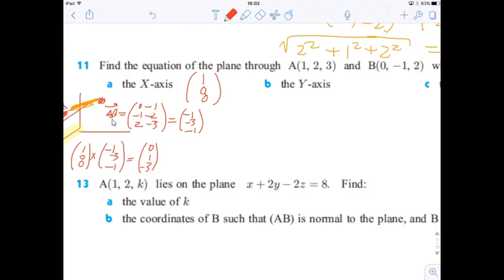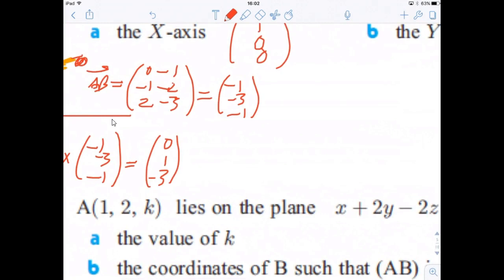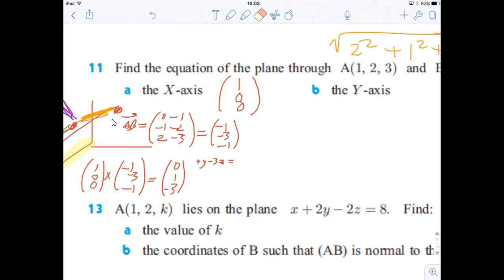To complete the equation, all we need to do is write the left side, which would be 0x plus 1y minus 3z, and then set this equal to the coefficients (0, 1, -3) times one of the points, for example (1, 2, 3), which is point A. Then we find what that equals: 0 plus 2 minus 9, which is equal to negative 7.